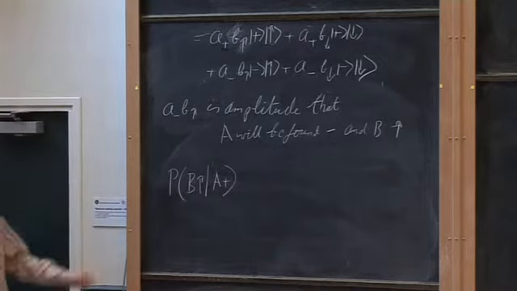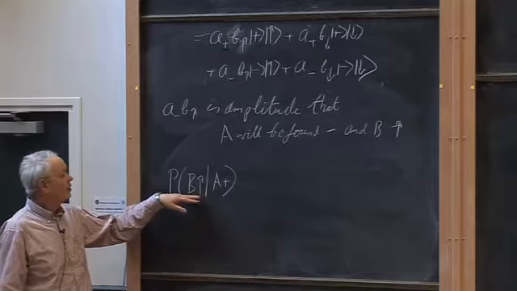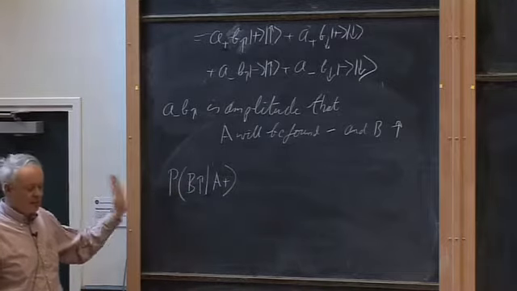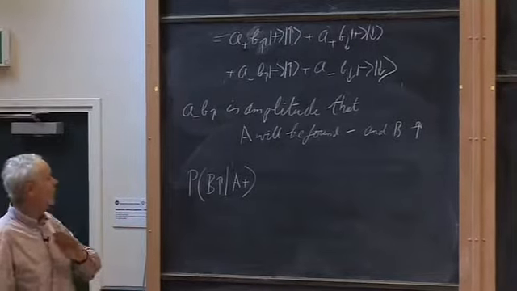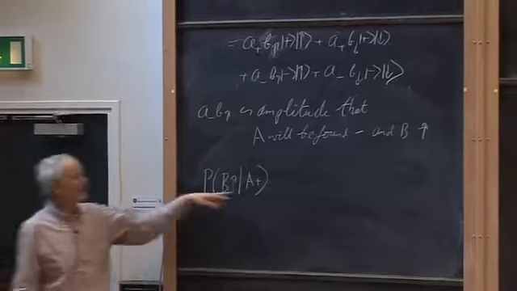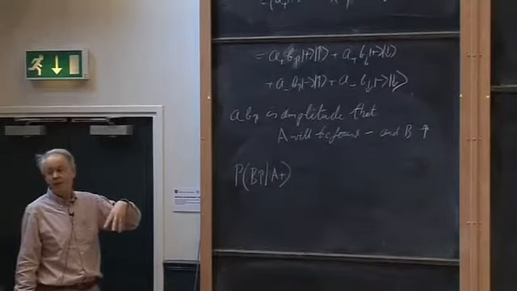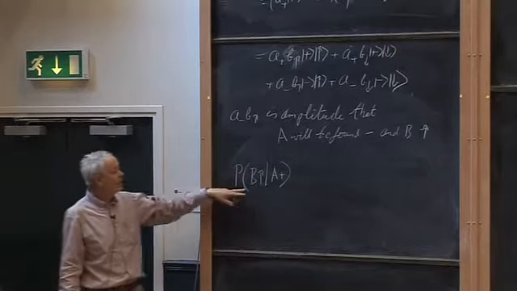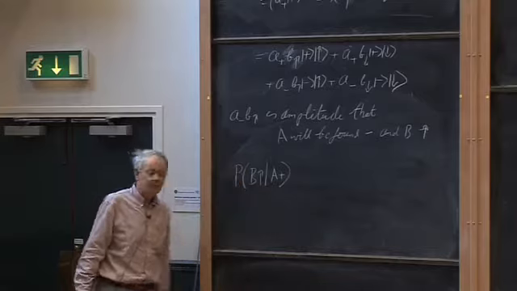This is a reasonable question. We've measured and found that A is plus. And I now want to know, suppose I measure B's property, I found that A is plus, will I find that B's property is up or down? This is going to be the probability that given that I am where I am, B will be found to be up.